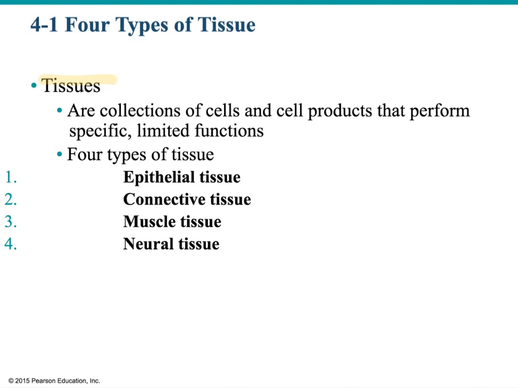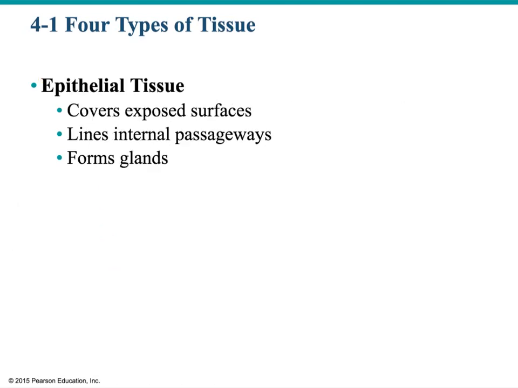And there are 4 types. Epithelial, connective, muscle, and neural tissue. We'll start here with epithelial tissue.